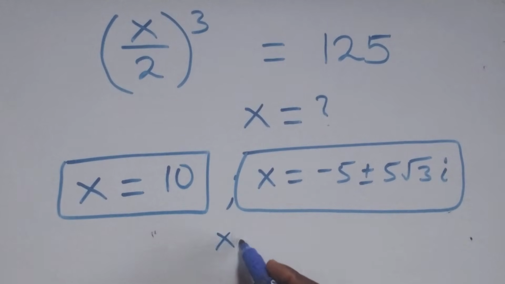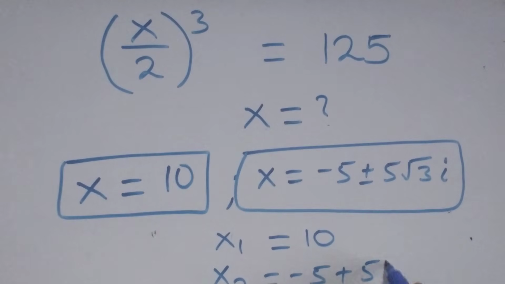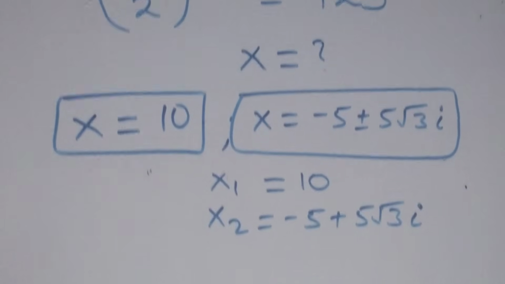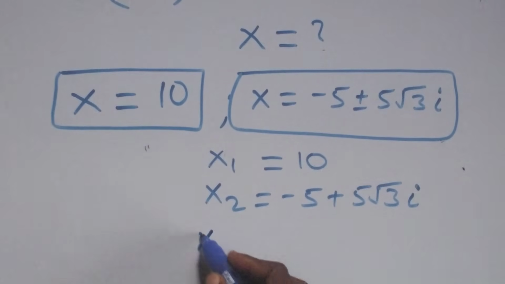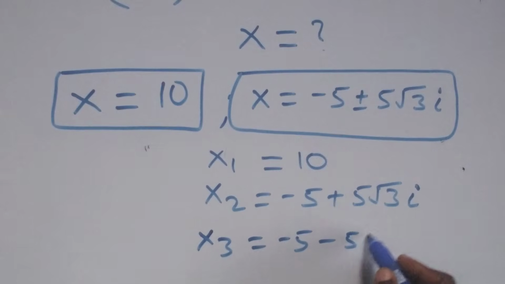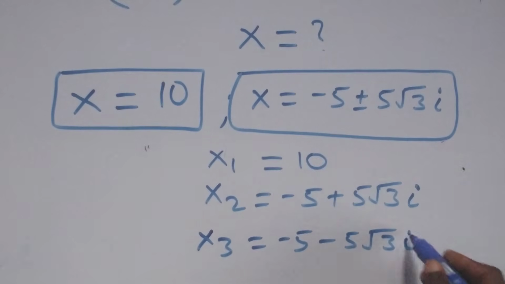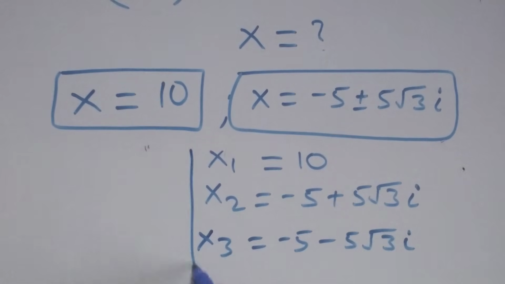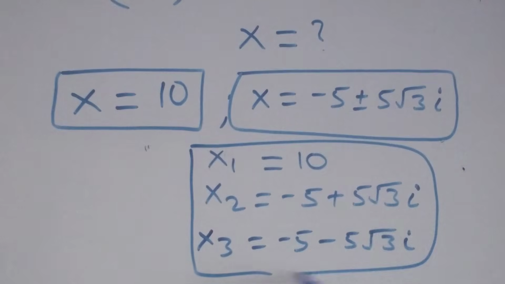That is, x1 equals 10, x2 equals minus 5 plus 5 root 3 i, and also x3 equals minus 5 minus 5 root 3 i. So three solutions altogether, one real and two complex.